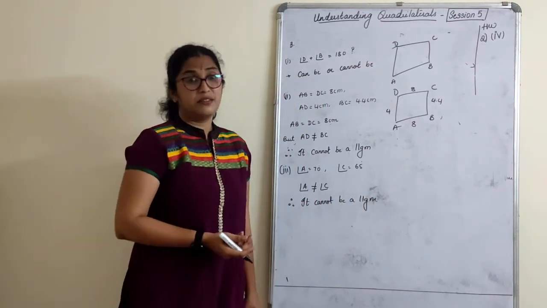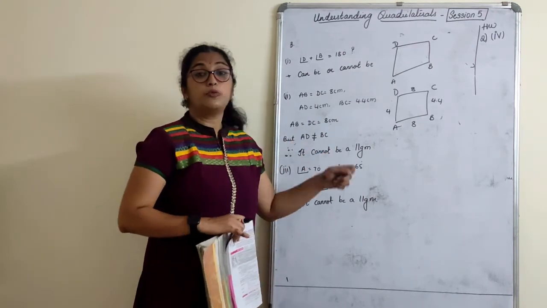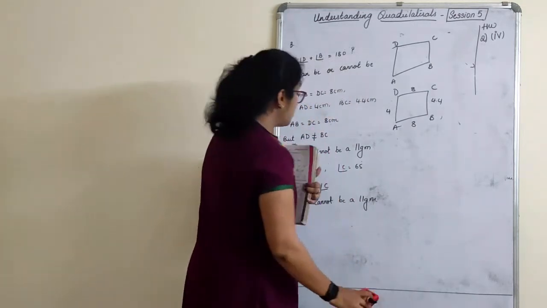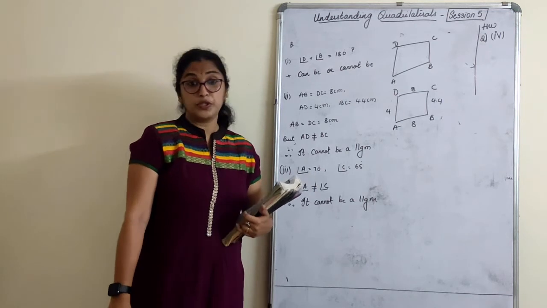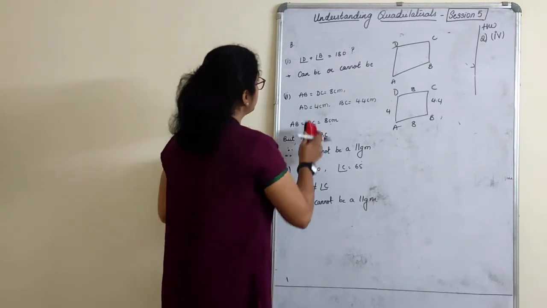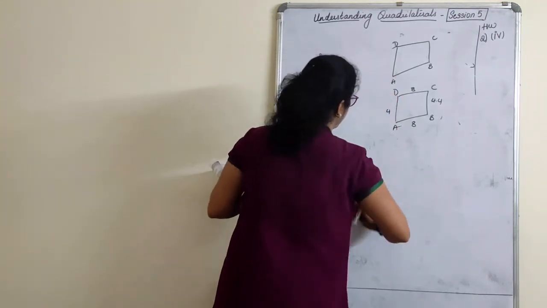You can still write, because in a parallelogram opposite angles have to be equal. In a parallelogram opposite sides have to be equal. You can mention that, right? So that is what the third one they have asked. Again, these are all 1 mark MCQ type of questions. So quickly we'll go with the next one, that is fourth one.